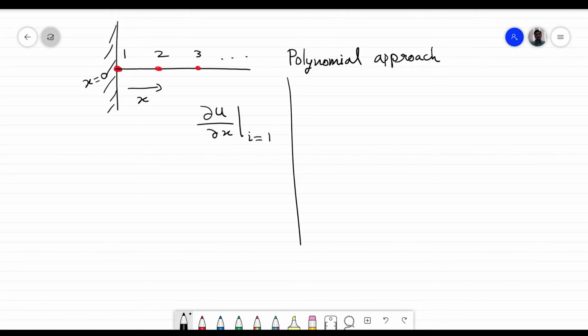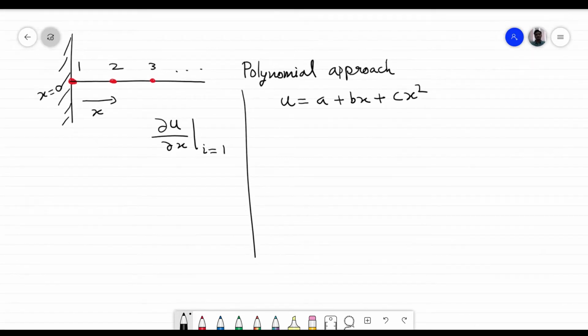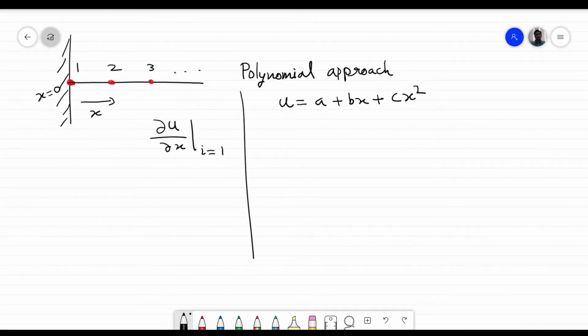Okay, what we'll do is assume that this variable u can be written as a polynomial in x. We can write this polynomial with any degree, but we'll limit to x square here, degree 2. If we want higher accuracy, that is order delta x cube or delta x to the power 4, then we can take a higher degree polynomial.